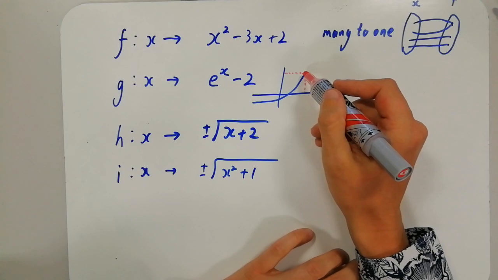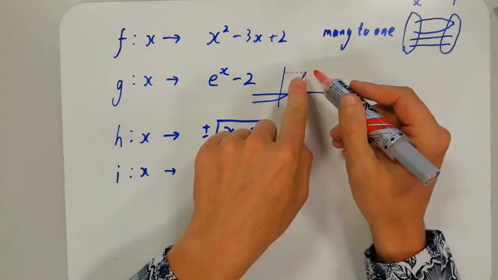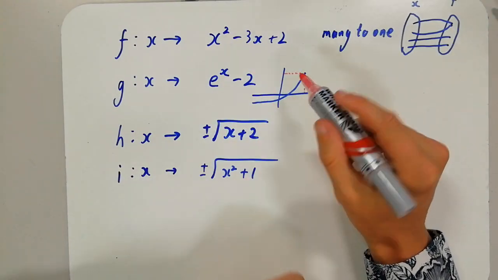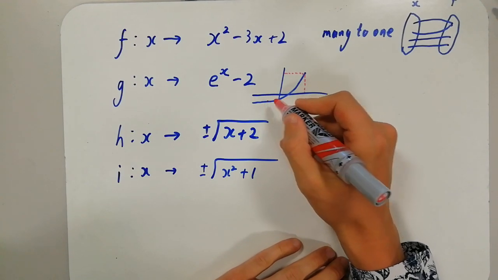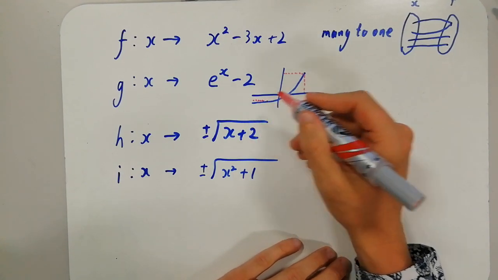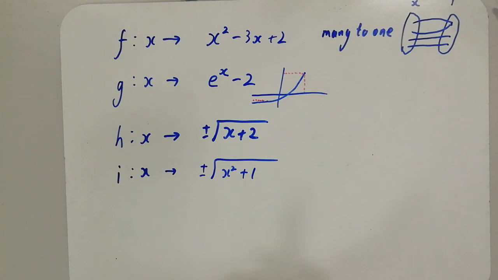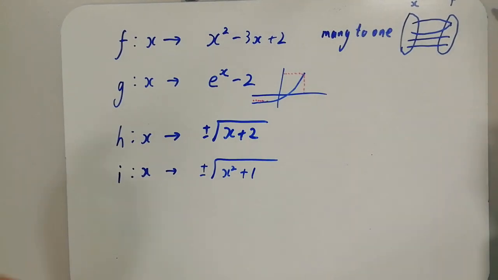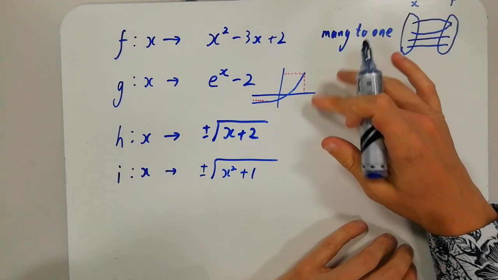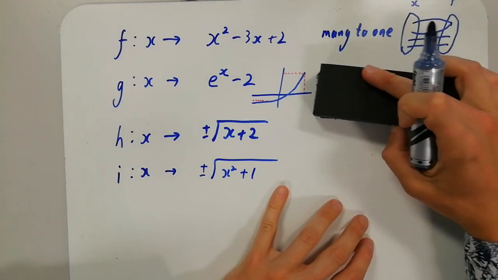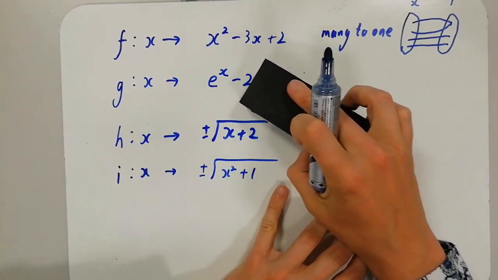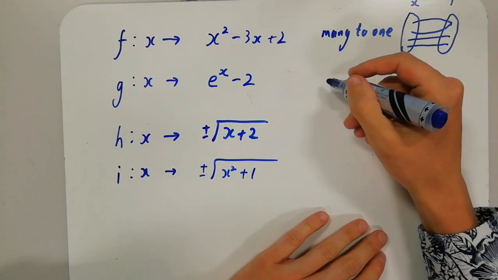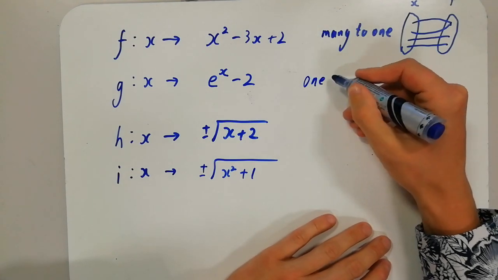But this time, if I know the output, I can see that there was only one input that I could have had. If I choose down here, again, it might be very, very close to an asymptote, but it will never take that value again. It will always be slightly below that point. So in this case, for each input, I went to exactly one output, and I could reverse that process. I had a 1-to-1.